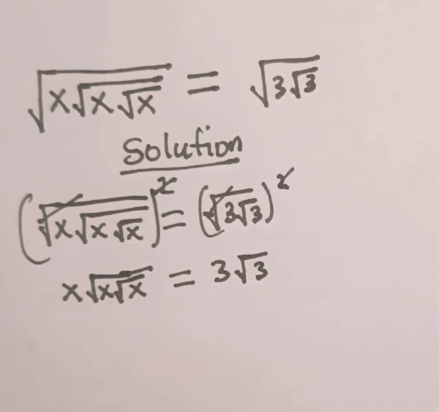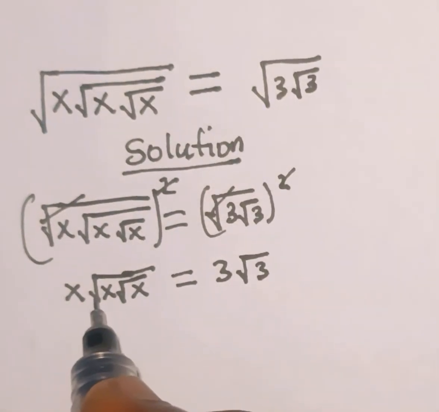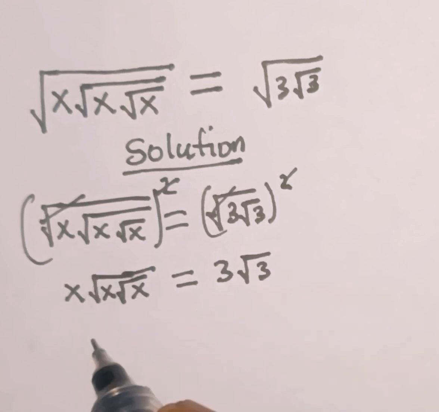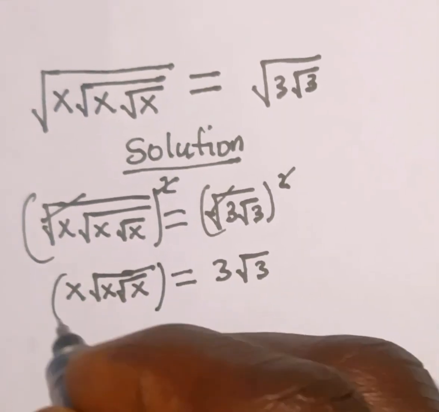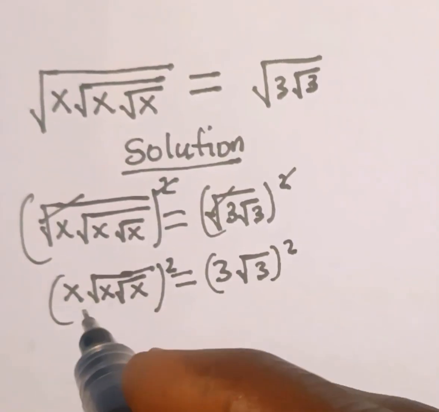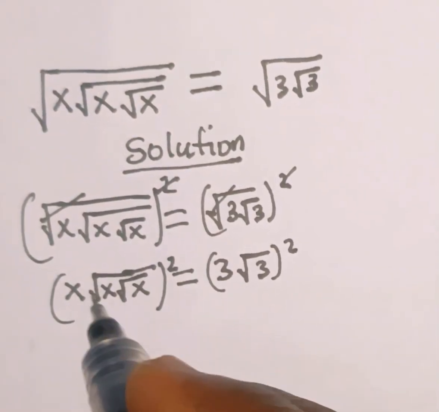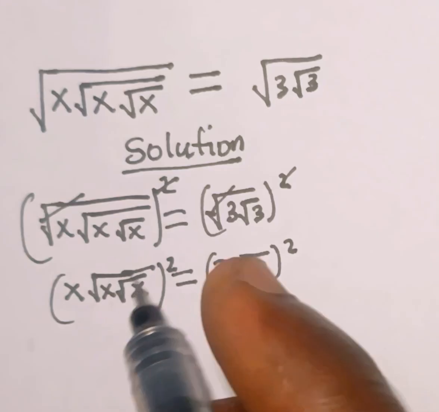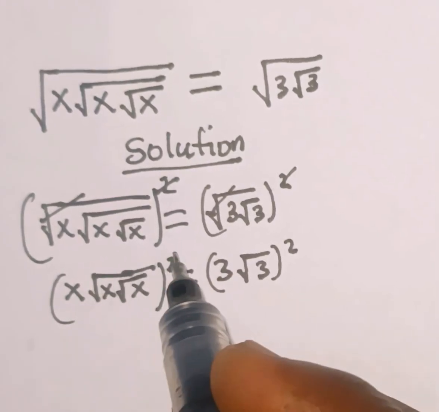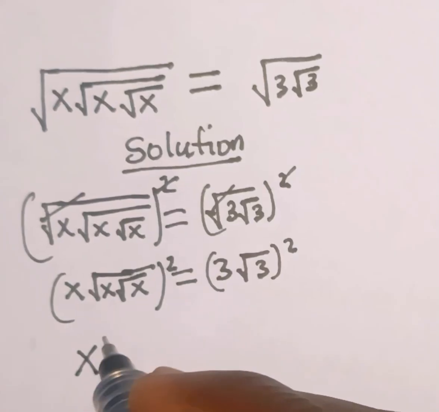So the next thing we are going to do, as you can see, we still have a square root here, is to square both sides of the equation again in order to eliminate this square root. So we square the left hand side and also we square the right hand side. As you can see, this x is multiplied by the whole of the square root. So therefore, the power is going to affect x and this square root. So x to power 2 is the same as what? X squared.